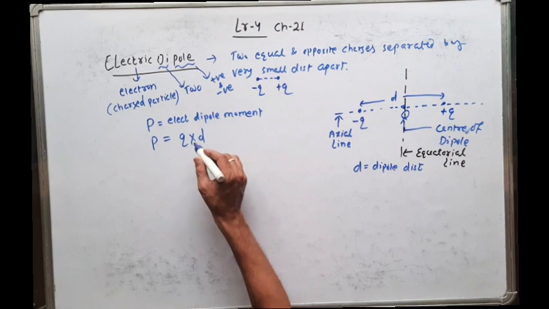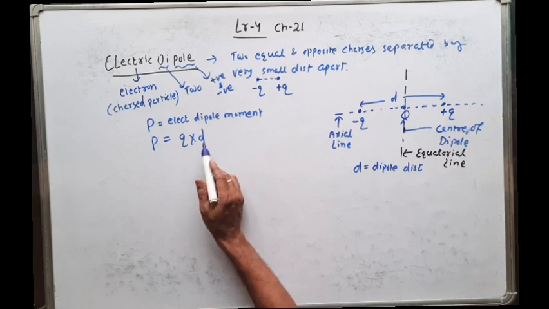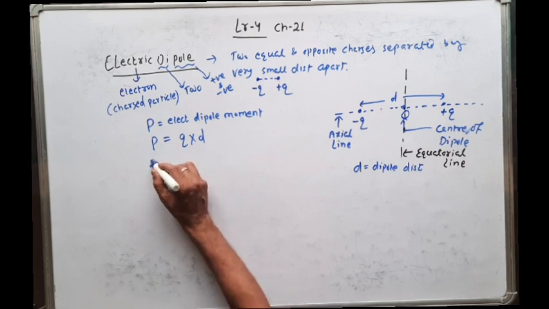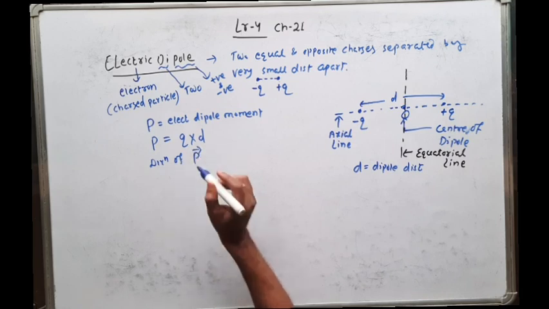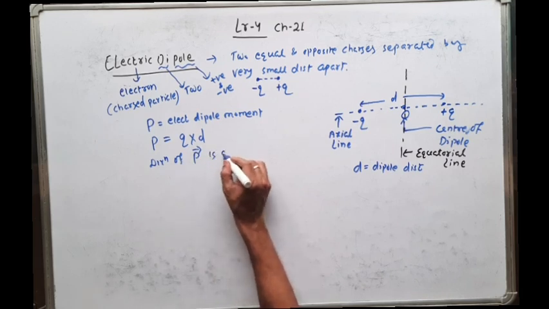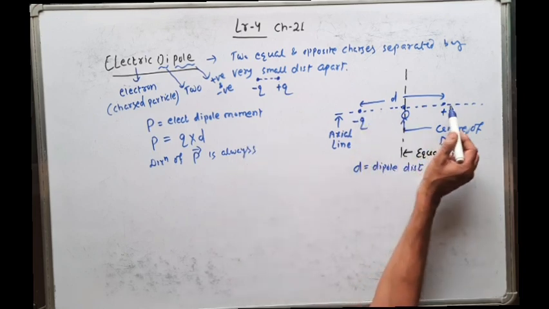Electric dipole moment is a vector quantity. If it is a vector quantity, definitely it has a direction. The direction of the electric dipole moment vector, that is P vector, is always from negative to positive.